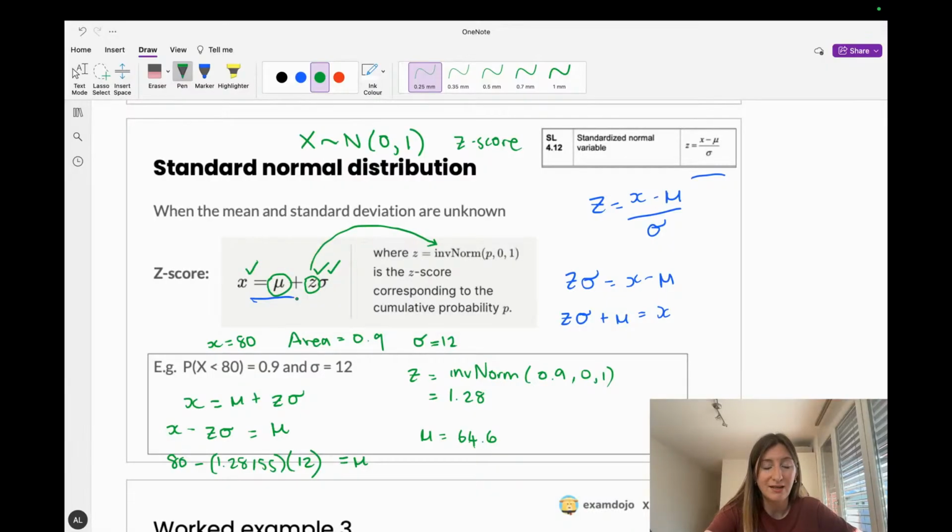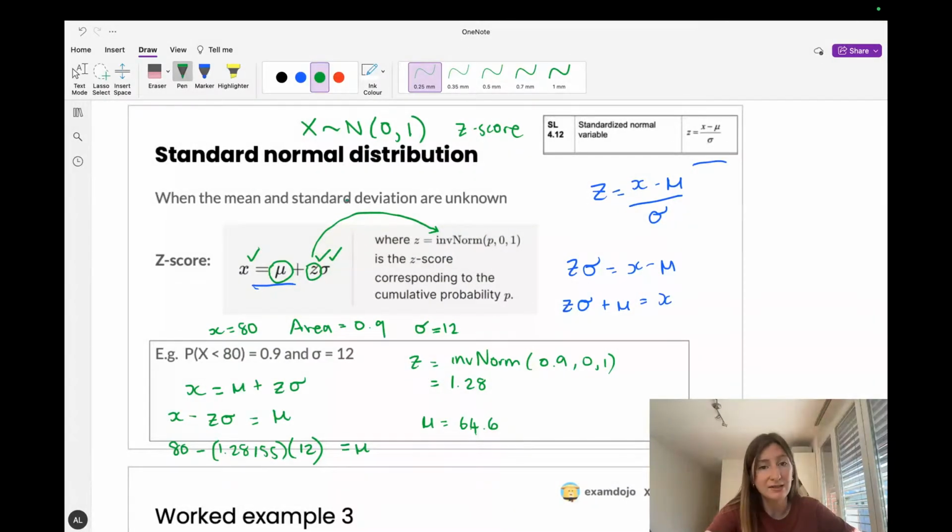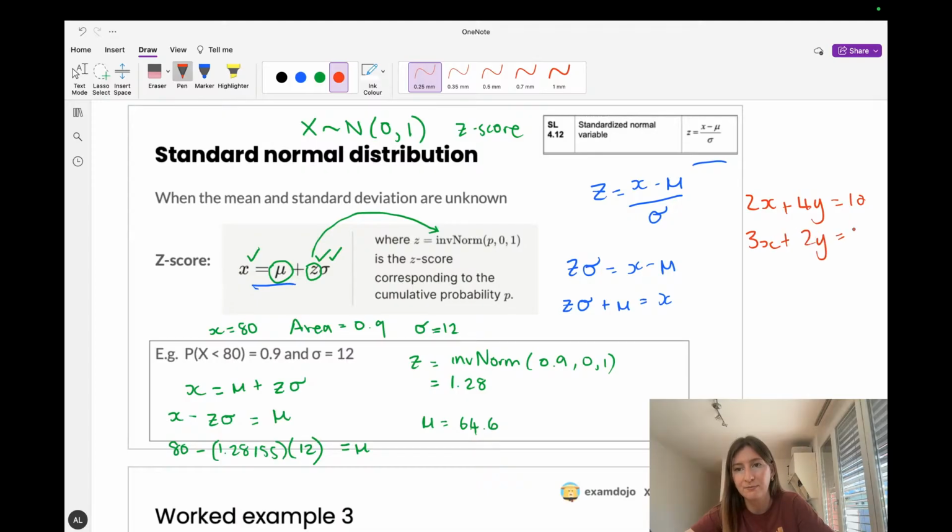Another way that you might get asked is you might not be given the mean or the standard deviation. But think about systems of simultaneous equations. You have, say, 2x plus 4y equals 10, and you want to figure out x and y. Well, we can't do that with just that. We needed two equations, a second set of values, to be able to find x and y.